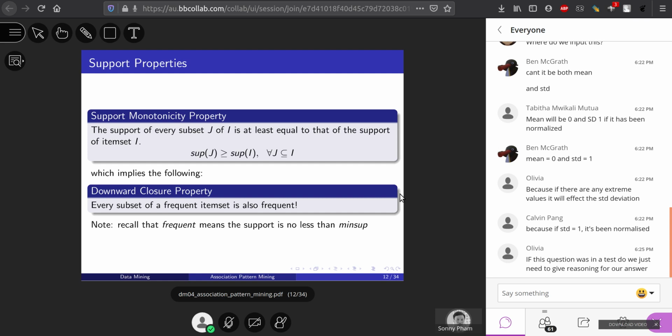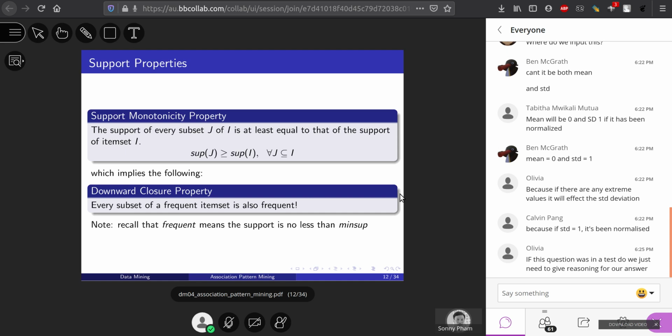If you have a set I and a subset J of I, which means that every element of J could be found in I, or J comprises some items in the original set I, then the support of J is greater than or equal to the support of I. It just means that larger item sets are less likely to show up as compared to smaller item sets.